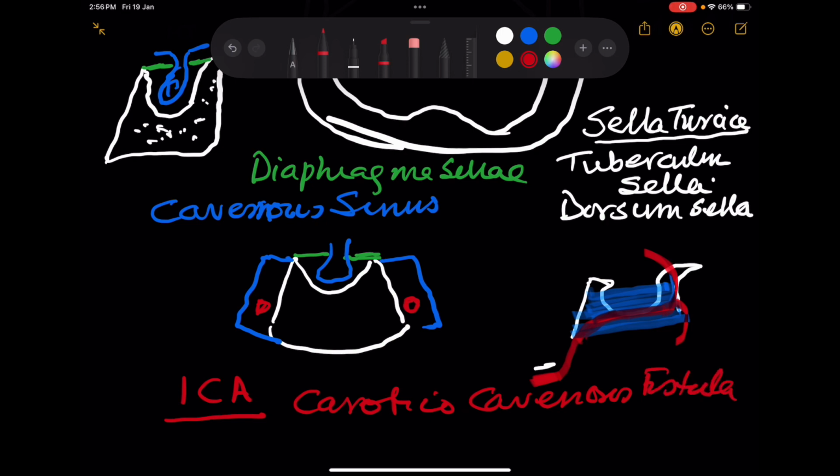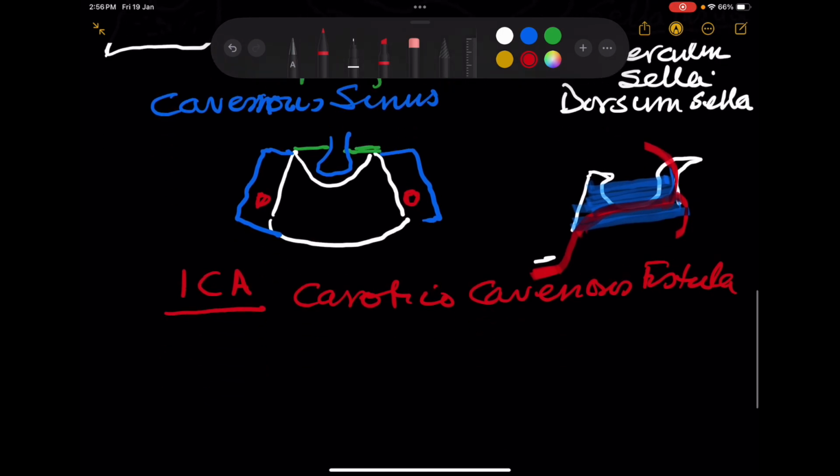As the blood passes through that carotico-cavernous fistula, you can have two physical signs. If you put your stethoscope on the eyeball, you may be able to hear a bruit, a sound through the stethoscope, which indicates arterial blood passing into the vein through a fistula.